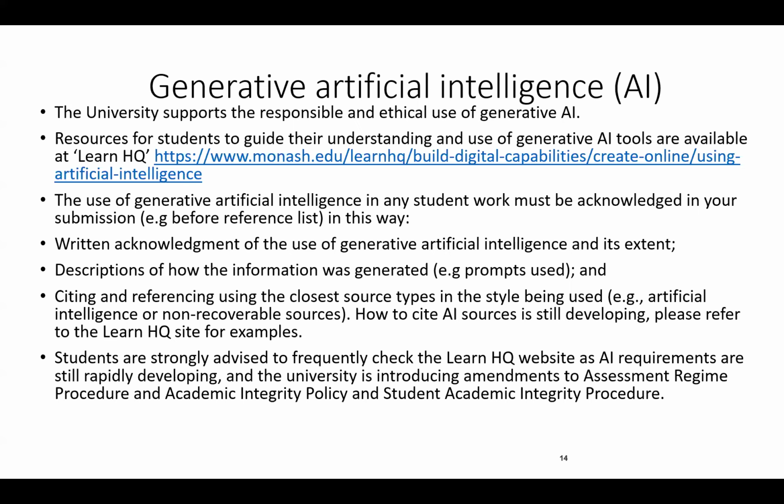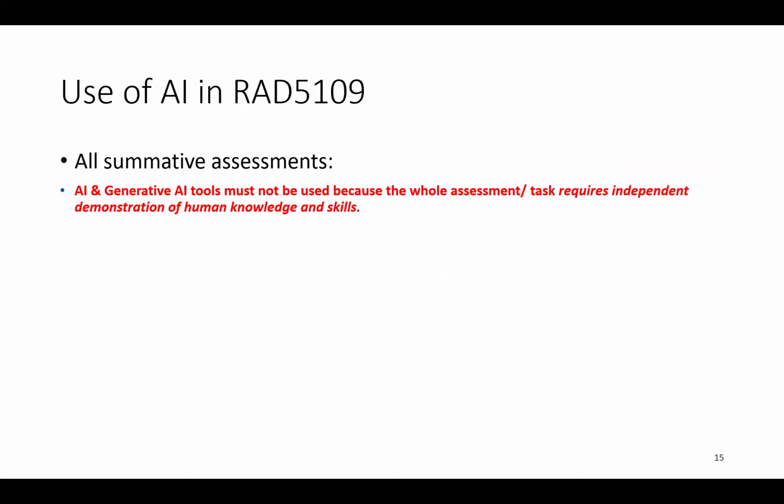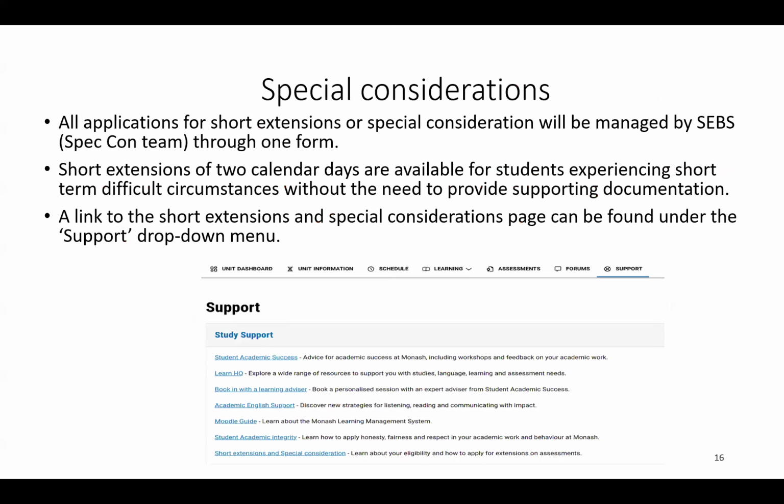So I would strongly recommend that you check that Learn HQ website. However, having said that, all our assessments require you to demonstrate your own knowledge and the skills that you have developed through this unit. Therefore, AI is not allowed with any of the assessments.